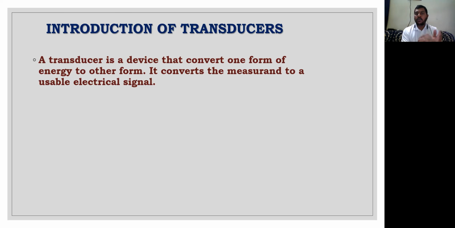So that particular device is called a transducer, right? And we define it in general form as it converts one form of energy to another form of energy, and this can be an electrical form, so that we can use it for the reading purposes, right?